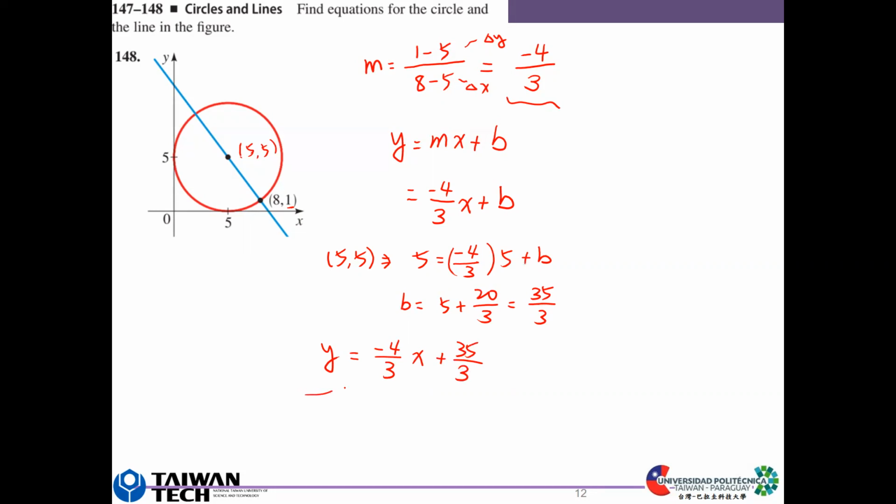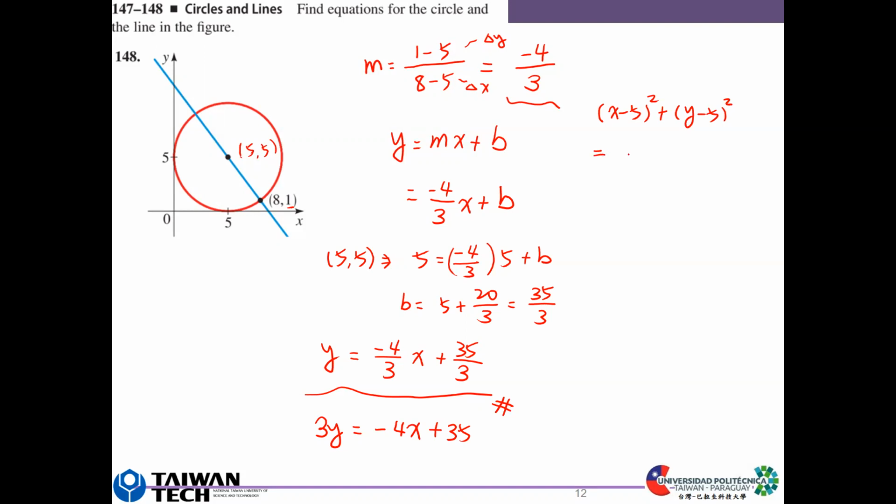Or you could multiply both sides of the equation by 3, and it becomes 3y equals minus 4x plus 35. So this is the line equation. Regarding the equation for the circle, because its center is at 5, 5, you have x minus 5 squared plus y minus 5 squared equals r squared.